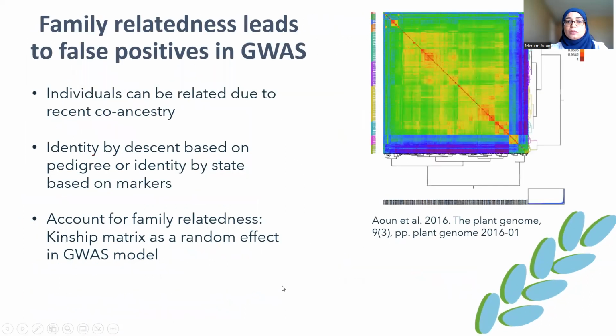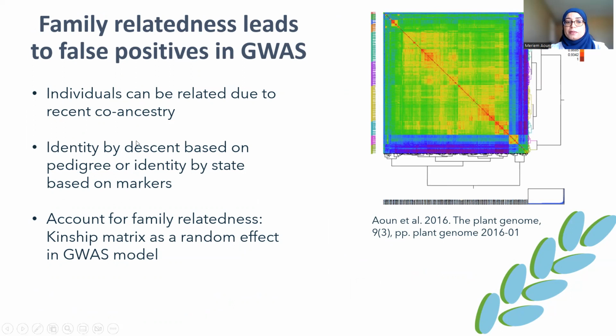Family relatedness is another cause of false positives in the GWAS, which is due to co-ancestry between individuals in your population. This heat map is showing you how individuals in this population are related, by calculating an identity by state matrix, which is based on marker data.